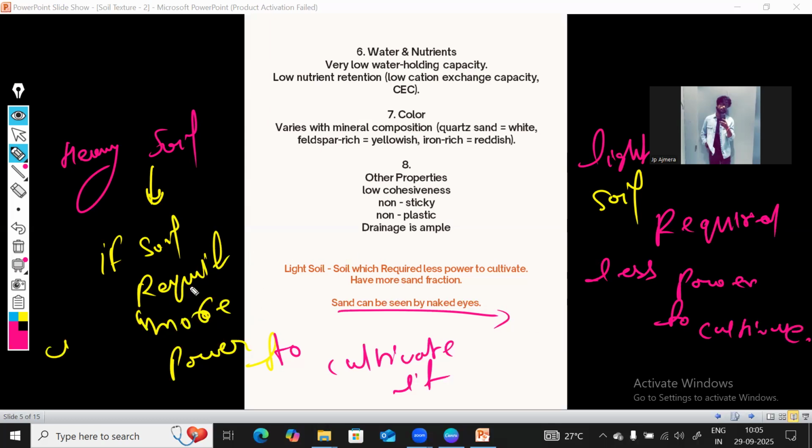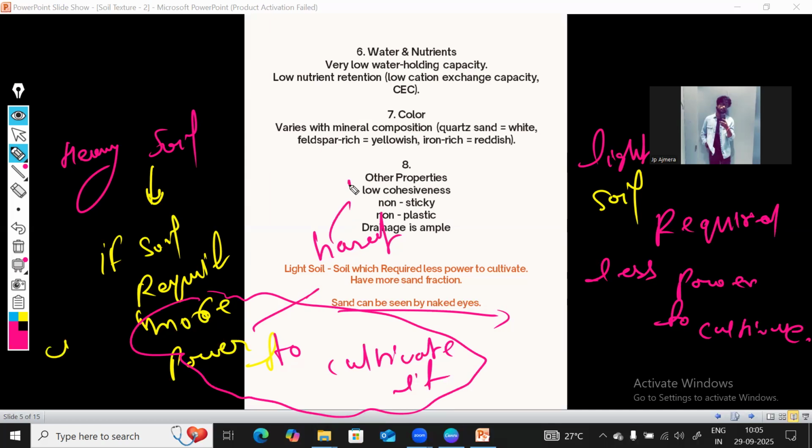If soil requires more power to cultivate, like when the soil is too hard, there is more cohesion force, and more force is required to break down the aggregates.